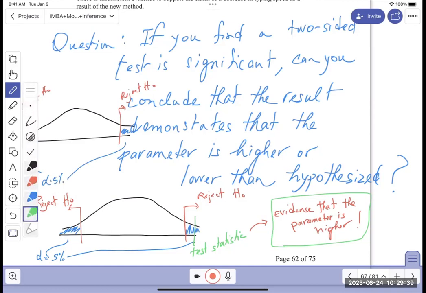And if it turns out my test statistic is here, and that's why I'm rejecting, then this is evidence of what?